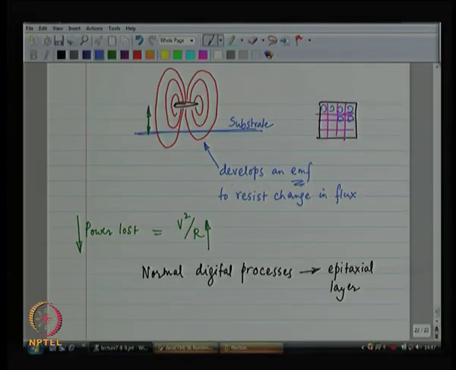Have you seen this before in any other discussion? Have you seen this? This is commonly used in transformers. You laminate the core of the transformer, you would slice the core of the transformer into a lot of sheets. Okay. These power transformers out there, you will see that the core is laminated into a lot of sheets.